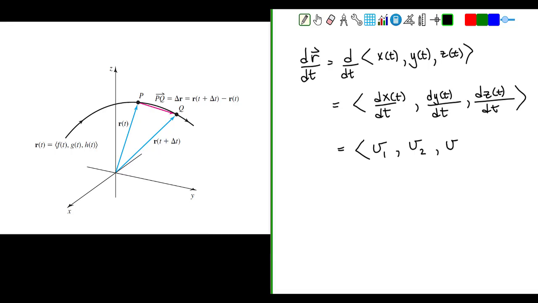The velocity in the z direction is v sub 3. And this is now the velocity of our vector function. When I say velocity, that's just another way of saying the derivative of our vector function with respect to time, where we are differentiating each component with respect to time.